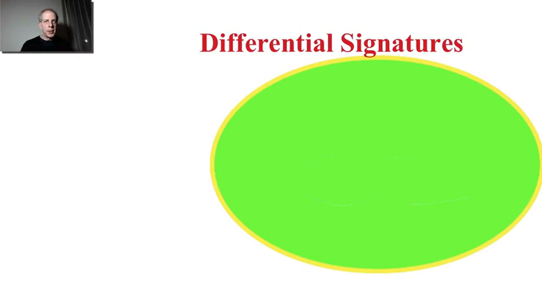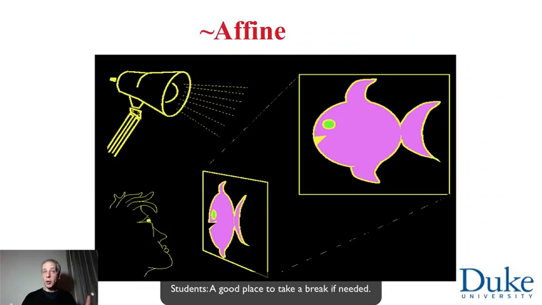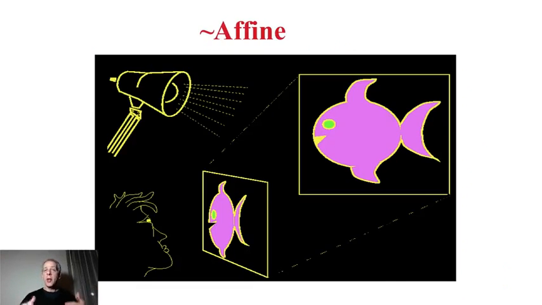Now, what happens with affine transformations? What happens when we don't just do rotations and translation, but we also allow the curve, the shape, to stretch, with different stretches in different directions? Unfortunately, or fortunately, if you like math, not everything in the world of image processing is rotations and translation.